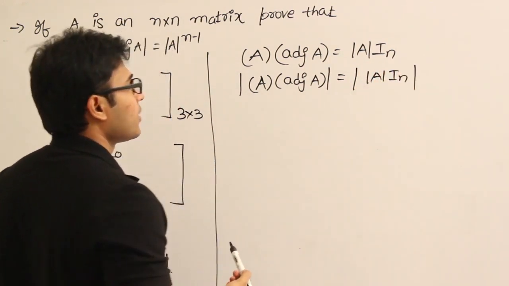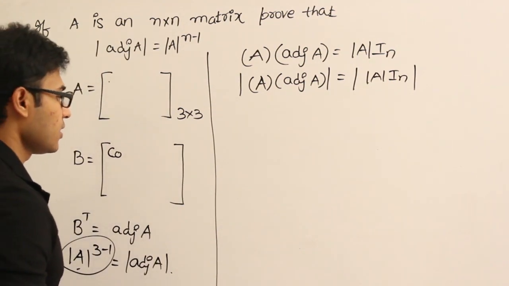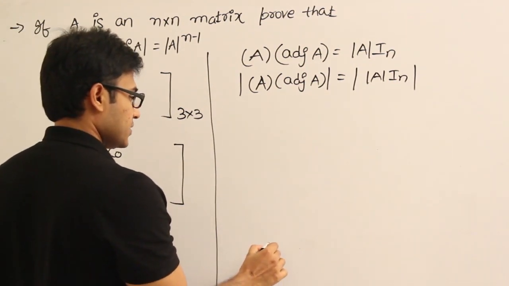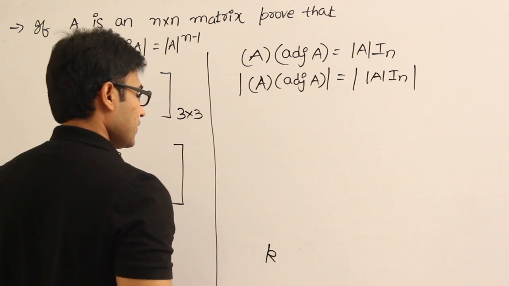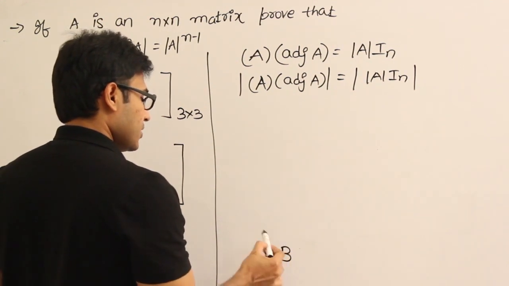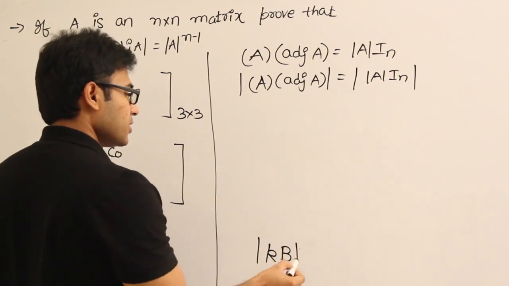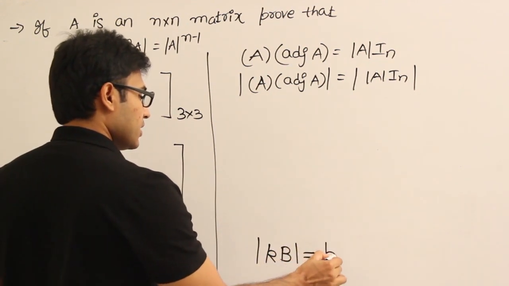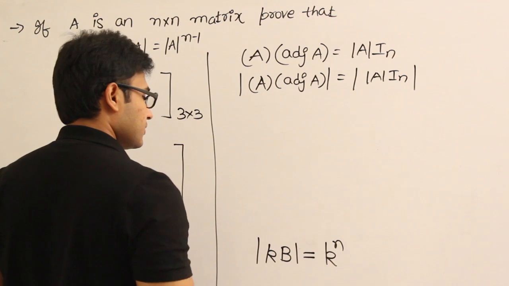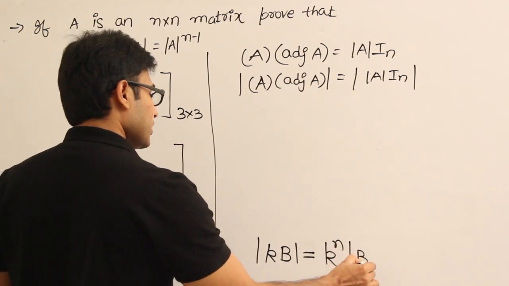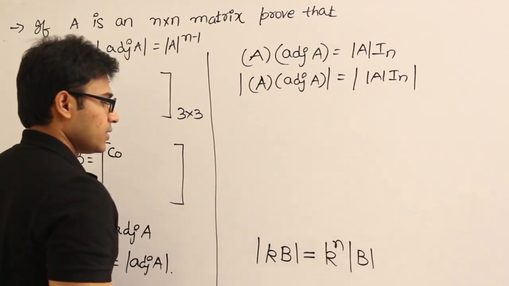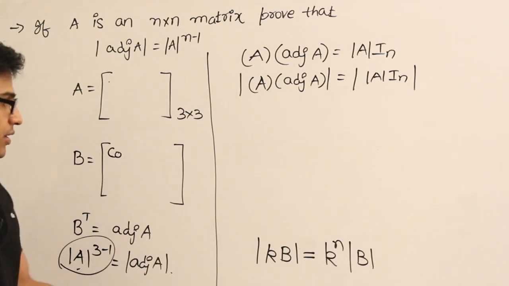Now we already know this by scalar multiplication. See this? If there is a scalar k, and I multiply it with a matrix B, and I want to find the determinant of this, it is nothing but k power n into det B, right?